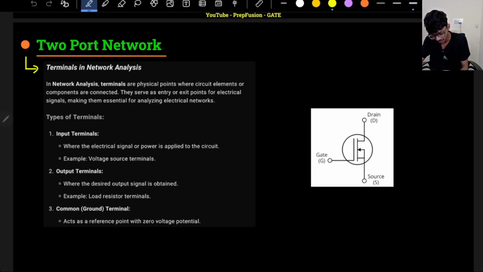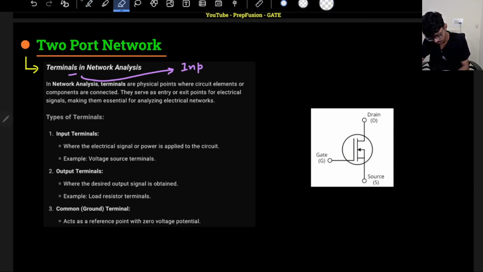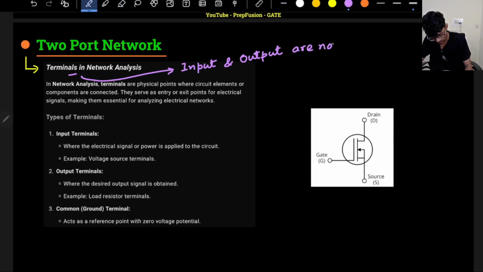In terminals, basically the input and output are not fixed.